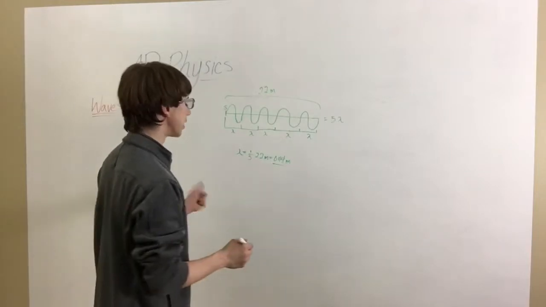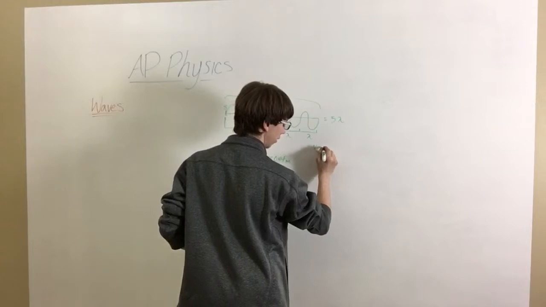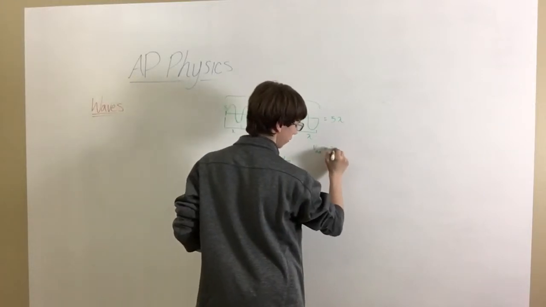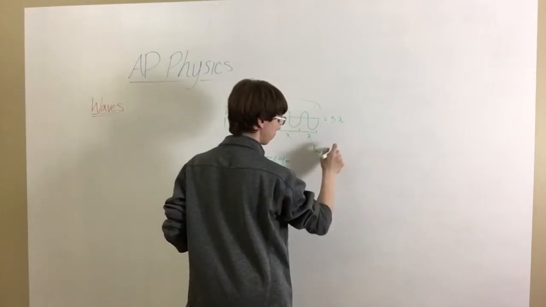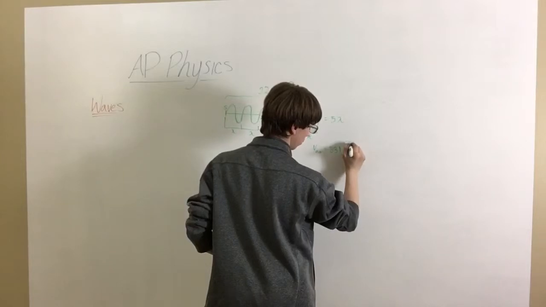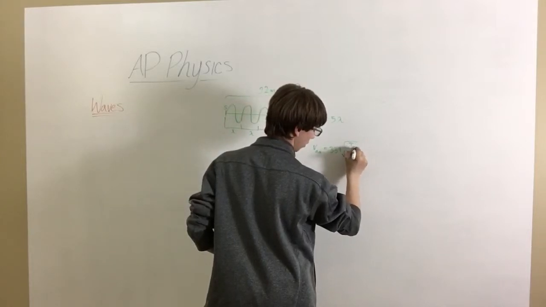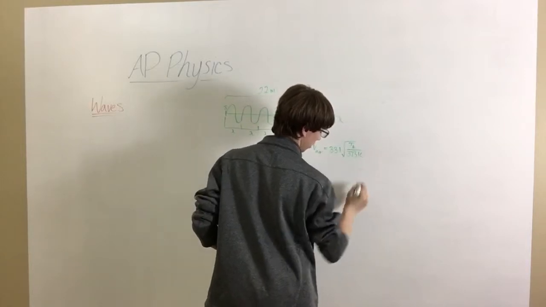So if this is a sound wave, the velocity of a sound wave in air is 343 at room temperature, but the way to calculate that is by doing 331 times the square root of the temperature in Kelvin divided by 273 Kelvin.